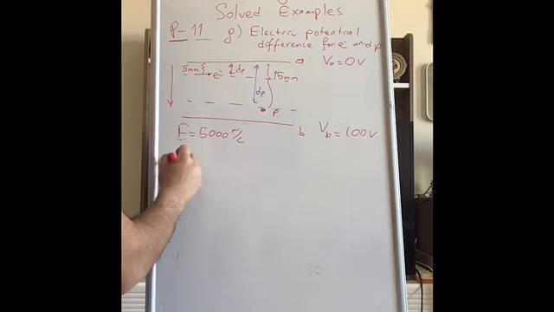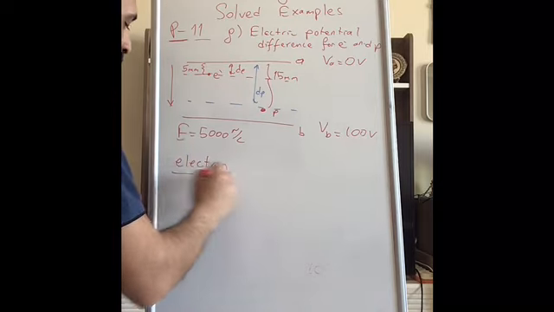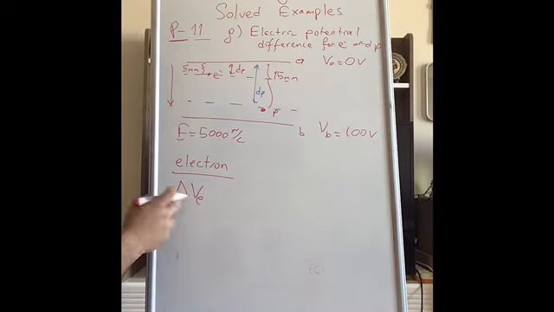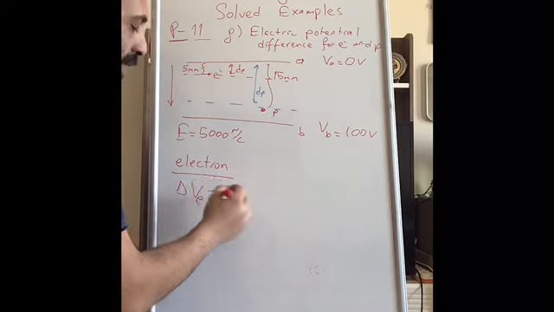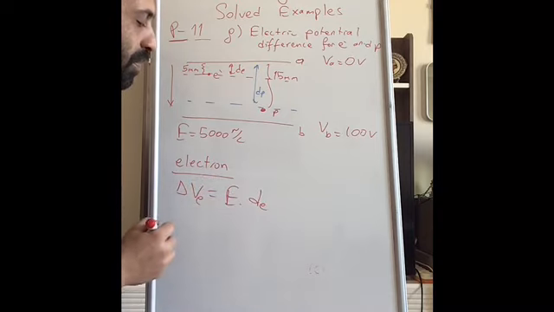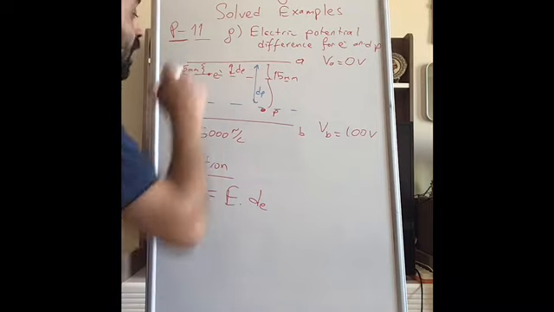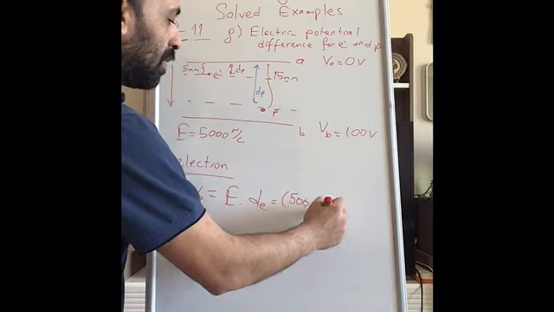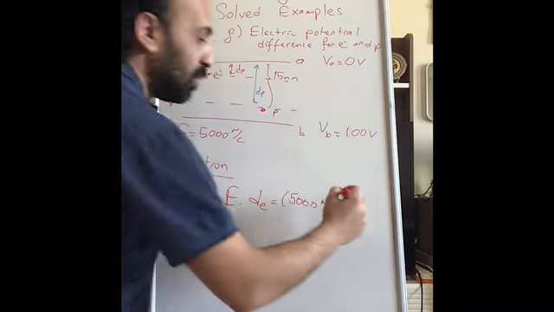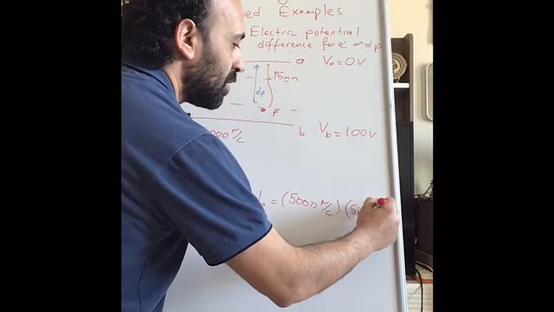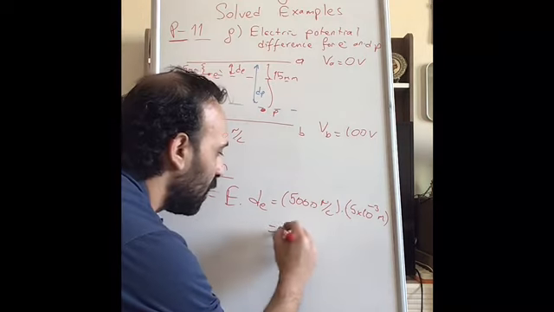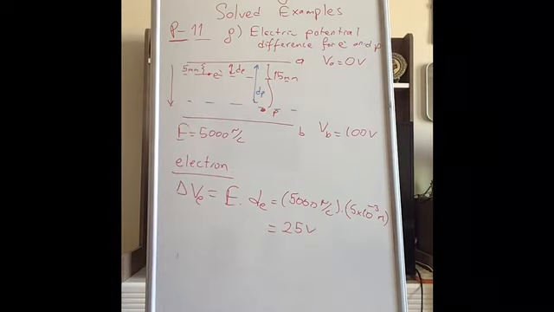Now, for the electron, delta VE, I'm going to call delta VE the electric potential difference for the electron, will be equal to the electric field times the separation between the electron and the positive plate, which will be equal to 5,000 Newton per Coulomb times 5 millimeter. We need to put it like 5 times 10 to minus 3rd meter, and you will find 25 volt. All right, so the electric potential difference for the electron is 25 volt.